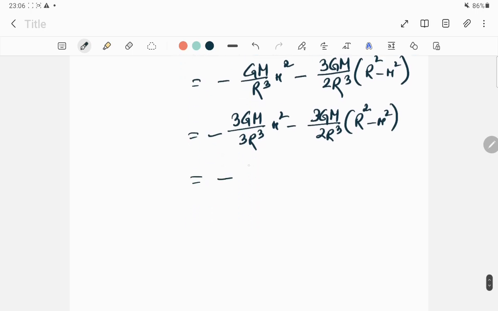So we have minus, so can I take 3GM by R cube outside?